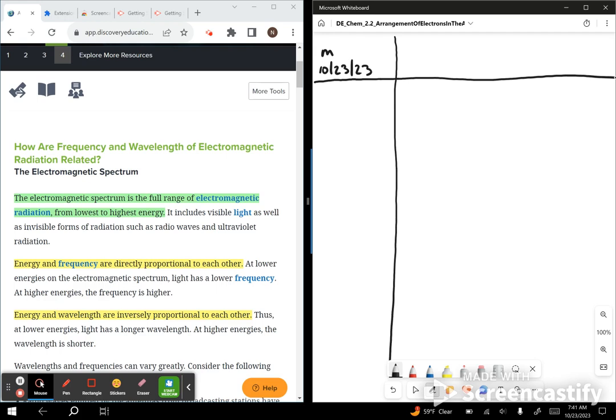And the essential question in green: how are frequency and wavelength of electromagnetic radiation related?